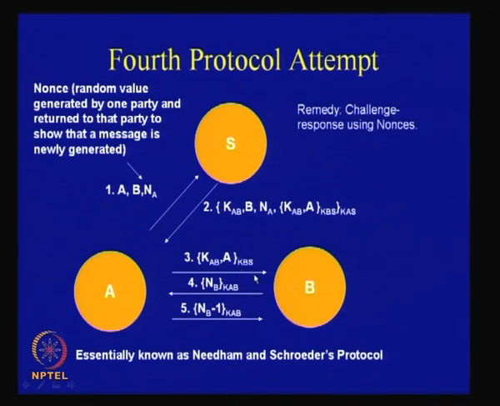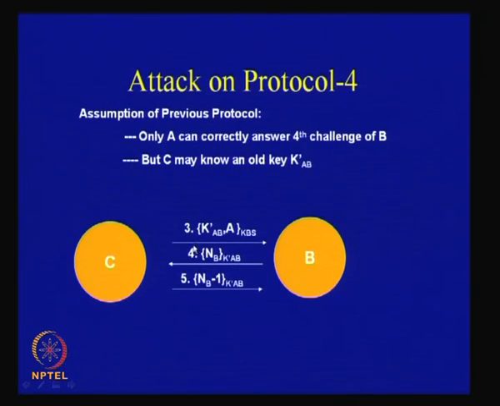What may happen is that C may come in between this communication and instead relay this message, that is K dash AB comma A, which has been encrypted by KBS. Now you see that when B decrypts, it obtains K dash AB, which is again an old key.